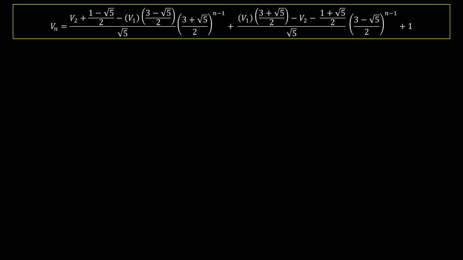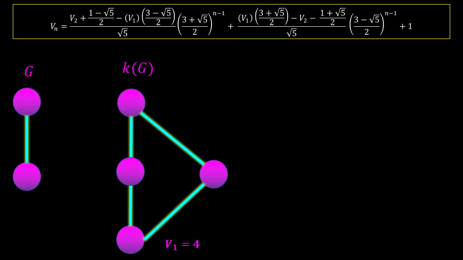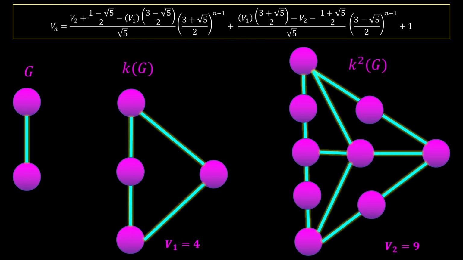As an example, let's use the values for the number of vertices and edges in an actual graph. Let's use this graph. It has the following first and second simplex graphs. Now substitute the number of vertices in those simplex graphs into our formula.